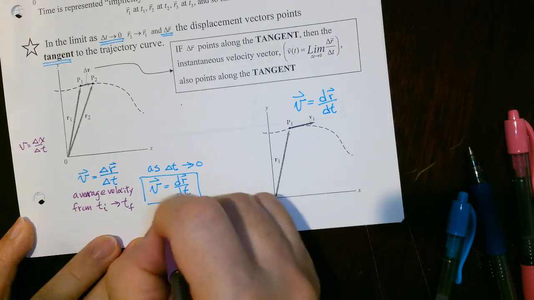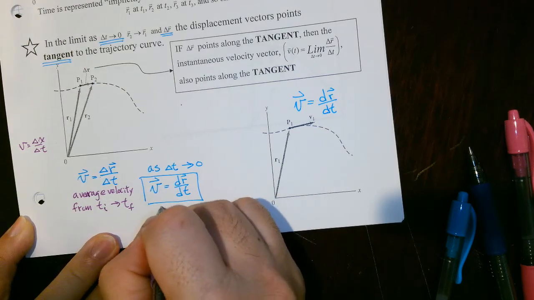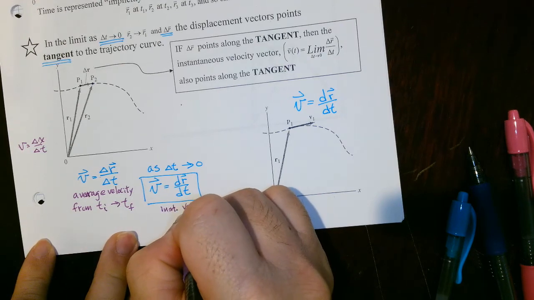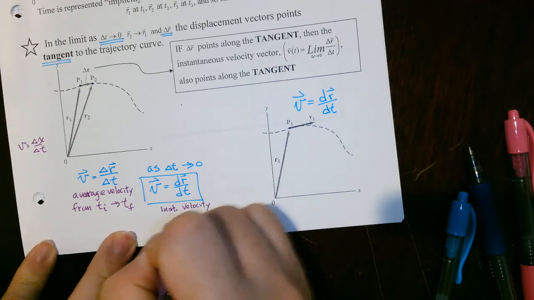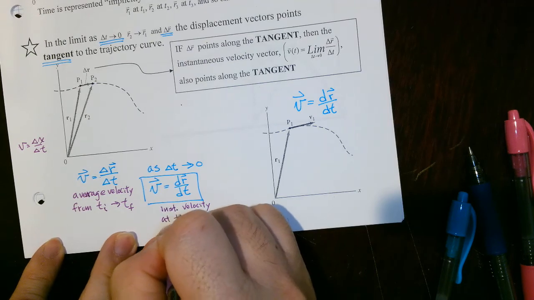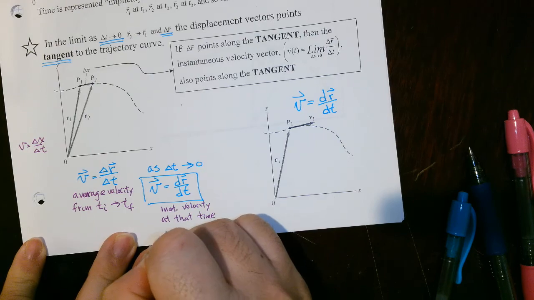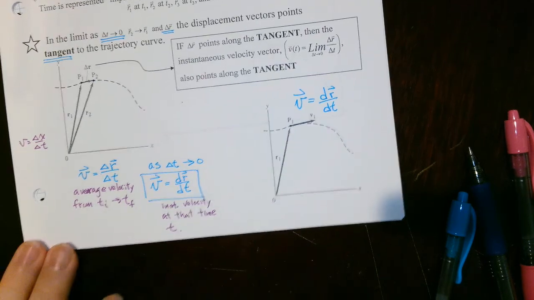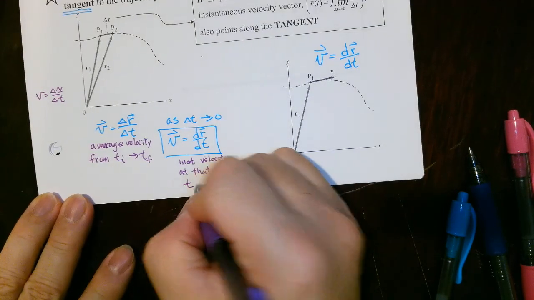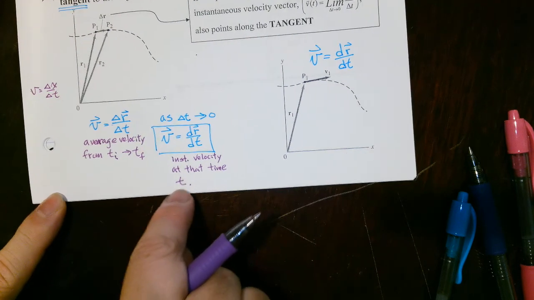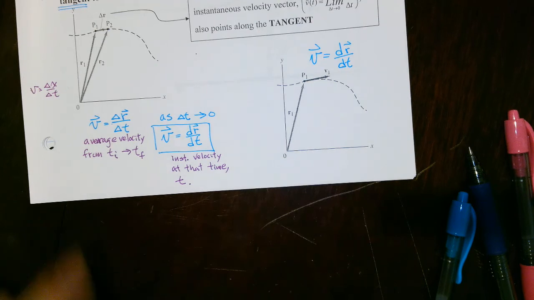This becomes the instantaneous velocity at that time t, at that instant. Maybe I should put a comma there.